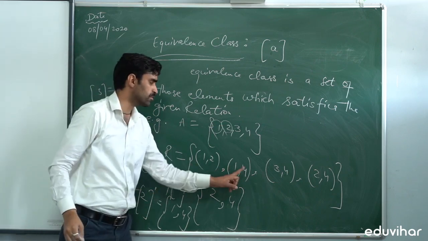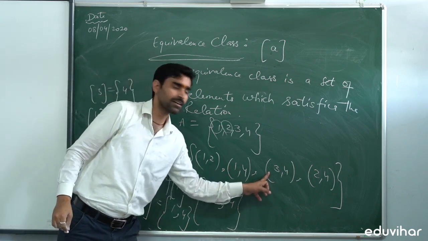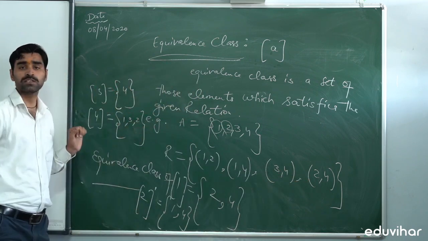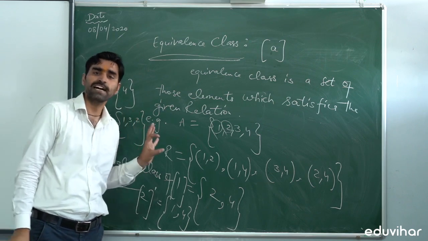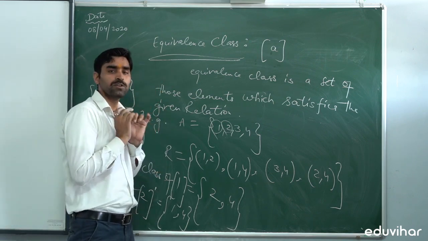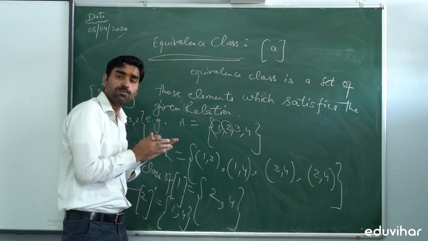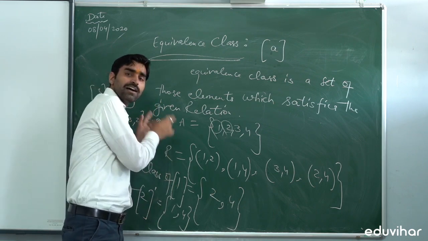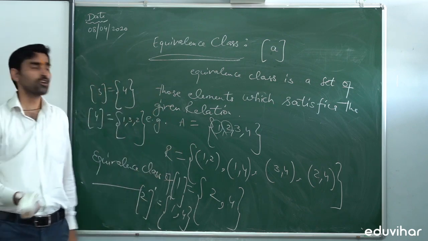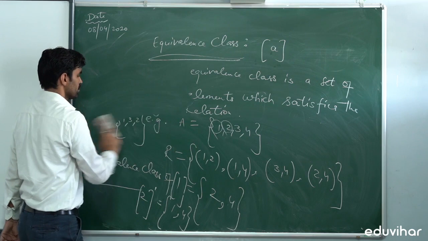Equivalence class of element 4, that is 1, 3 and 2. In this way, we can find the equivalence class of the given element from the set, from the given relation. Okay, these are the topics of the relation.